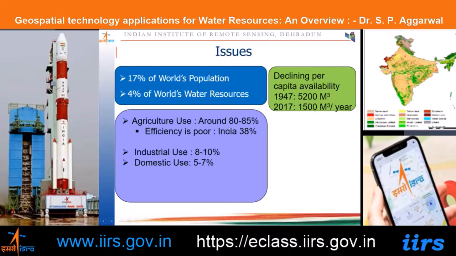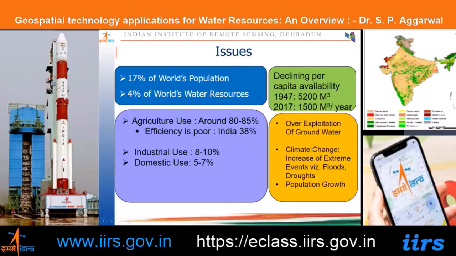So it is not only the natural resources; the population also makes a lot of difference in how we are increasing our problems. Because of that, we are having exploitation of groundwater. And you are aware that there is climate change, so extreme events are increasing.